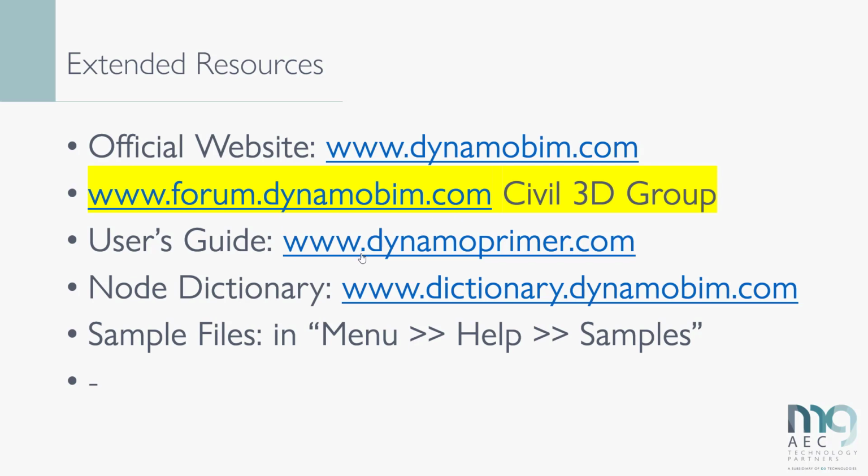We also have a user's guide here, Dynamo Primer, a node dictionary that kind of goes through this dictionary within Dynamo where we looked up those packages. Next to that, there's sample files. They give you a dozen or so that Autodesk has created that you can go find there.